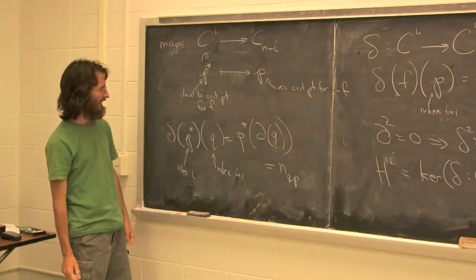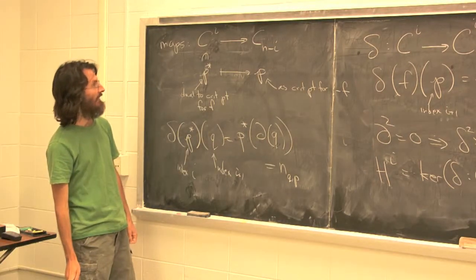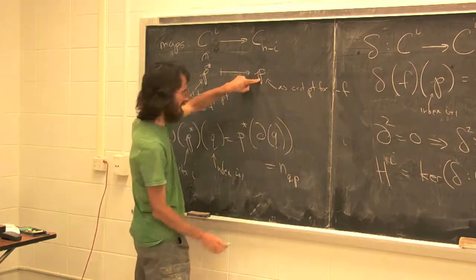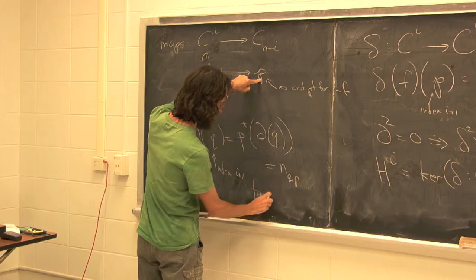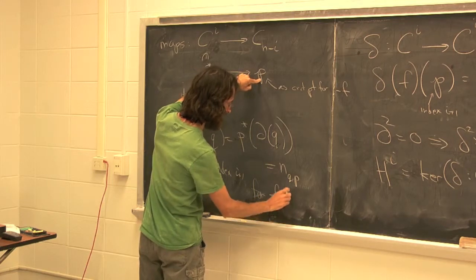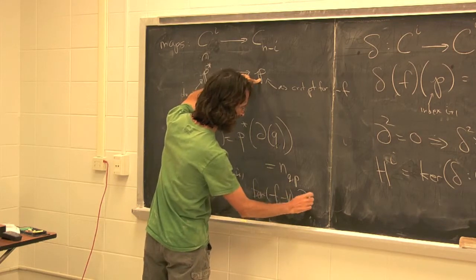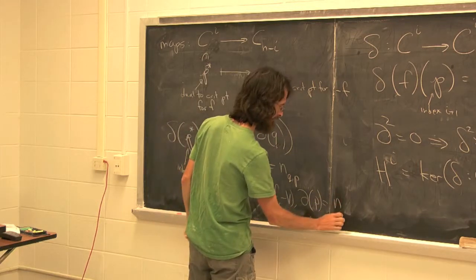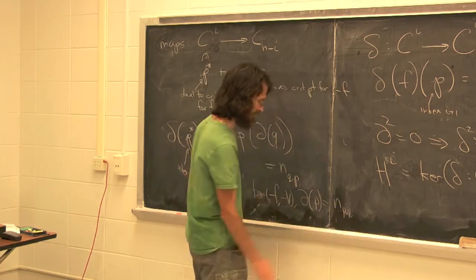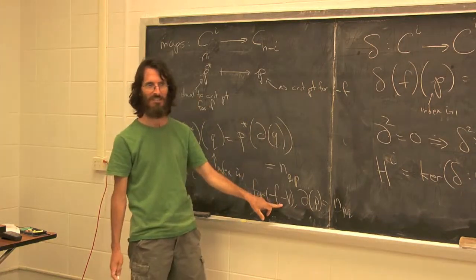That's all. And now, if we go over here for minus f and minus V, the boundary of P is the number of flow lines from P down to Q. Those are flow lines for minus V, right?